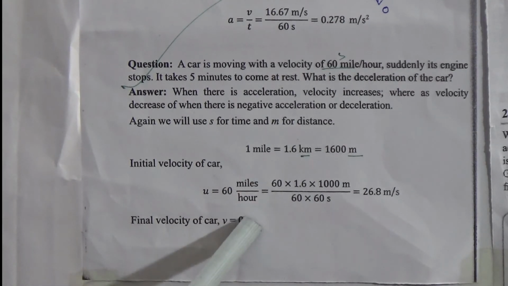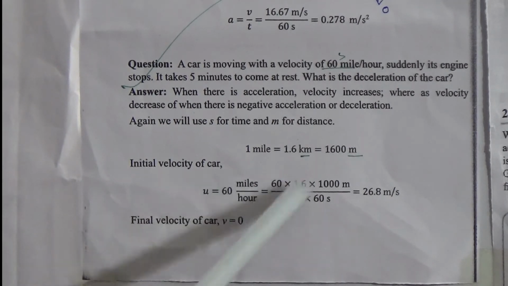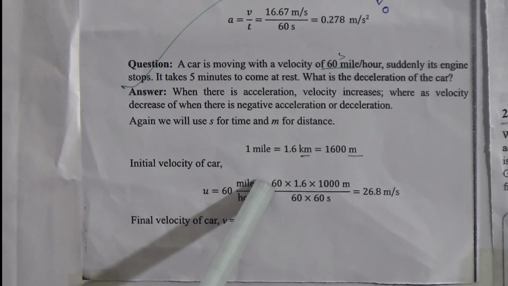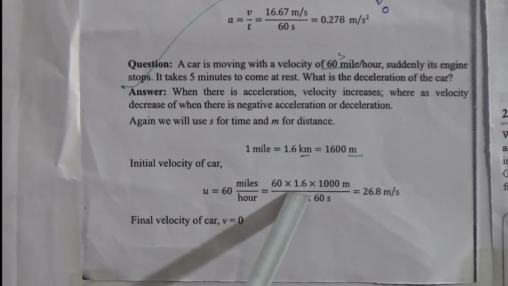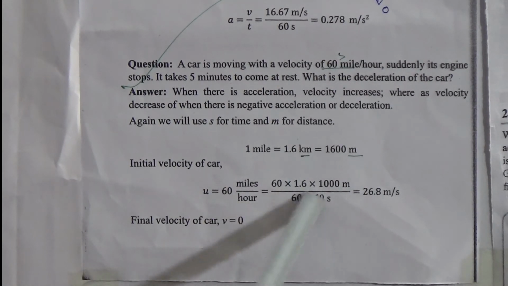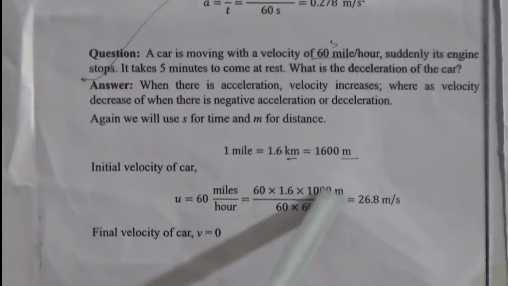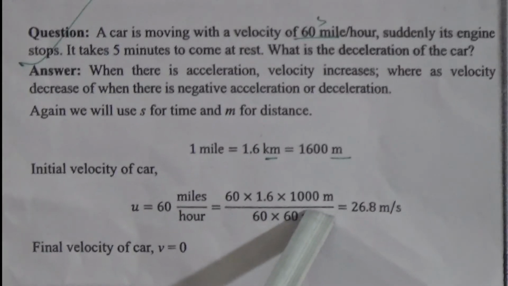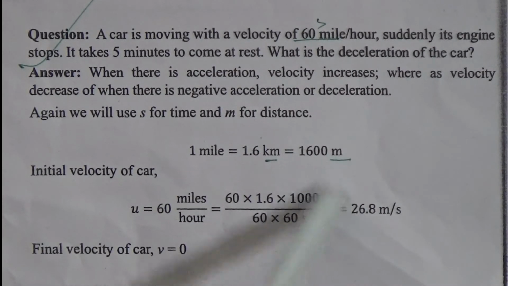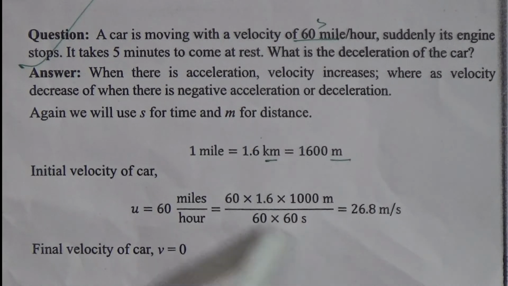Now initial velocity of car u equal to 60 miles per hour. Now we convert 60 miles, that means at first miles convert to kilometer, then kilometer converts to meter. That's why 60 multiply 1.6 multiply 1000 meter. And hour converts to second, that means 60 into 60 seconds.